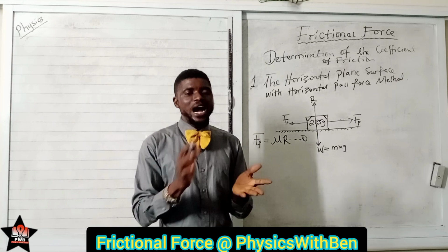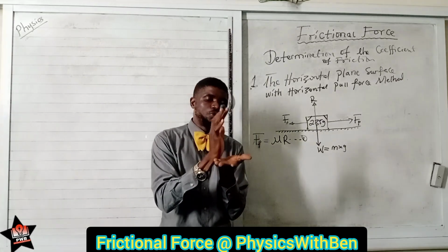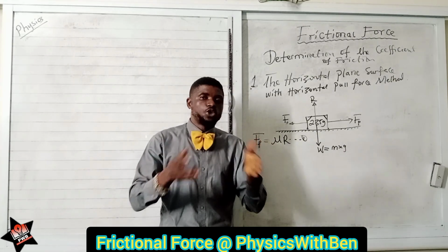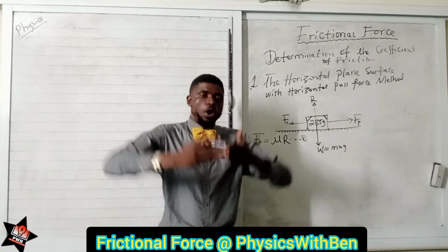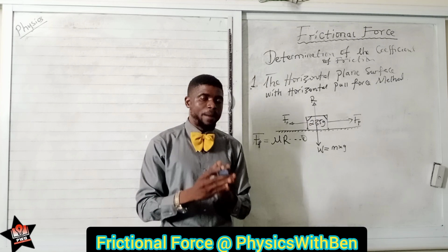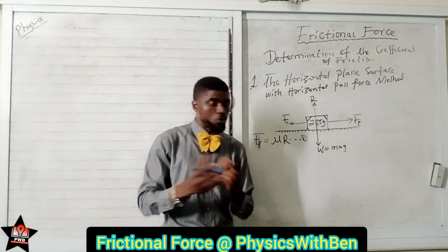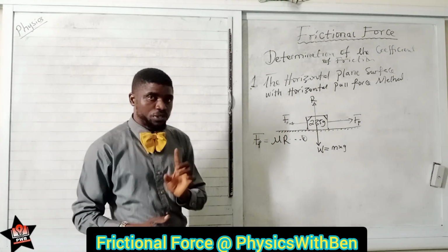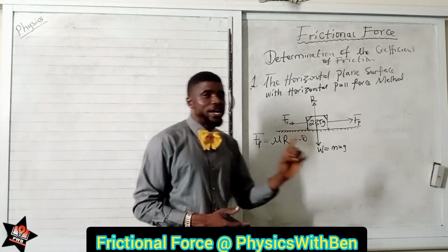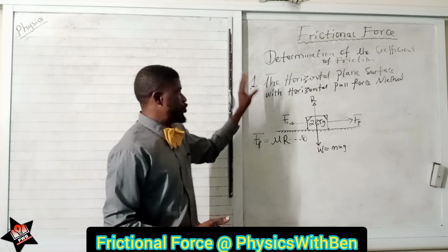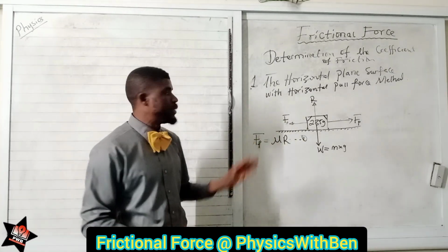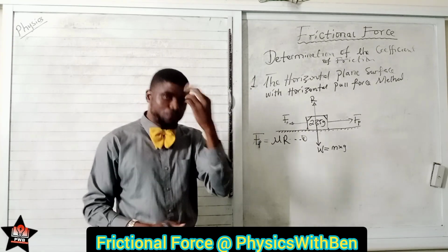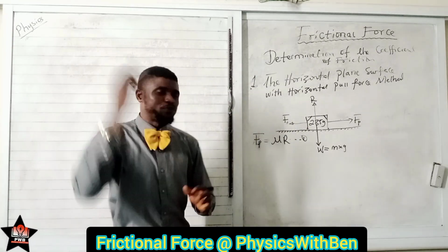If vectors are acting at right angles with each other, you apply Pythagoras theorem. If vectors are acting at obtuse or acute angles, you apply the sine rule and the cosine rule. So force is a vector with both magnitude and direction. So in this geometry, I'll be drawing on the board and explaining here. You must keep that in front of your mind, not at the back of your mind.